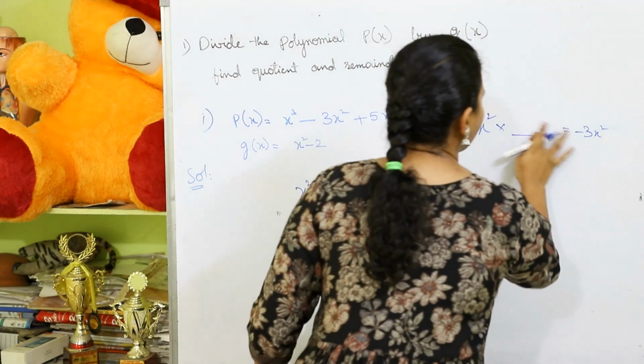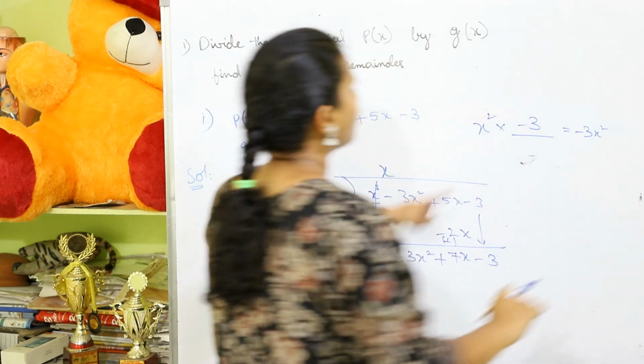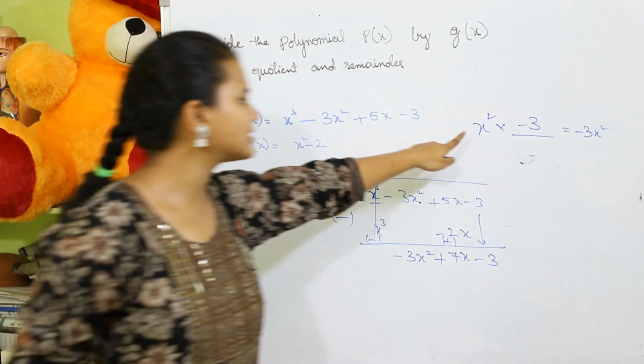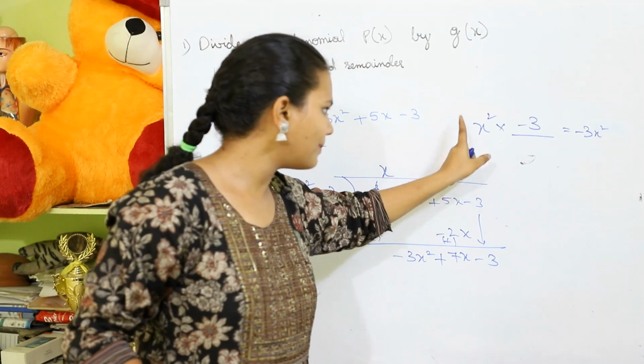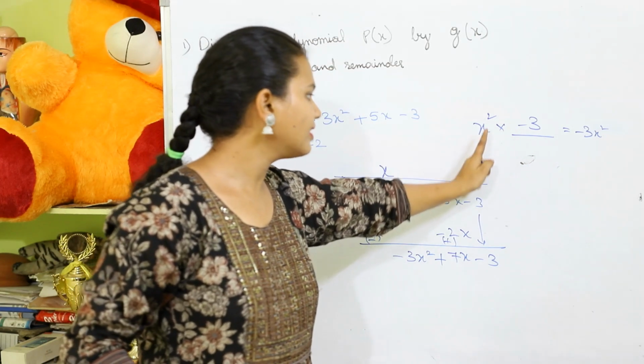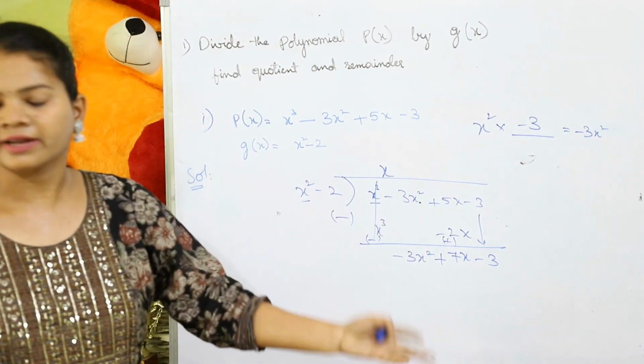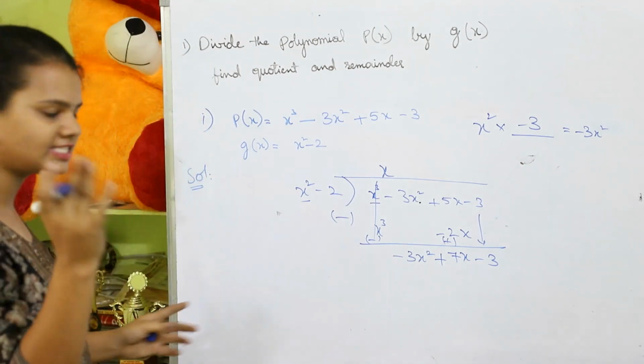As we know, if we add minus 3, then we will get minus 3x square, because x square, plus into minus is minus, so minus 3x square I got.